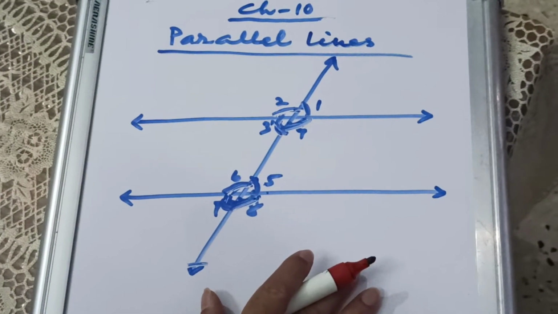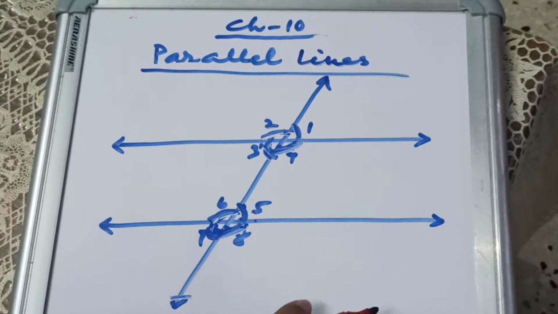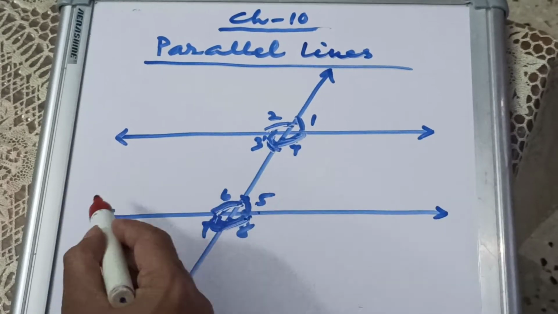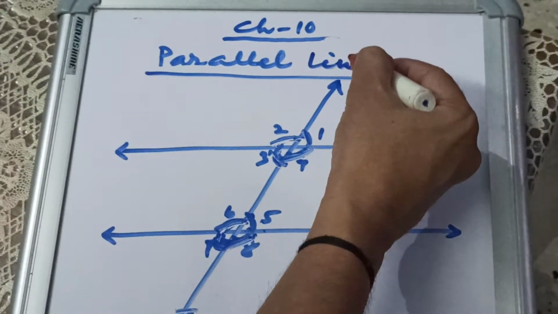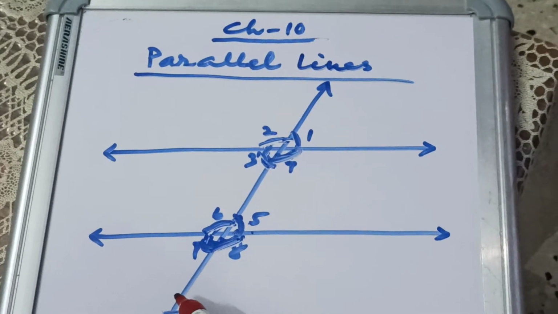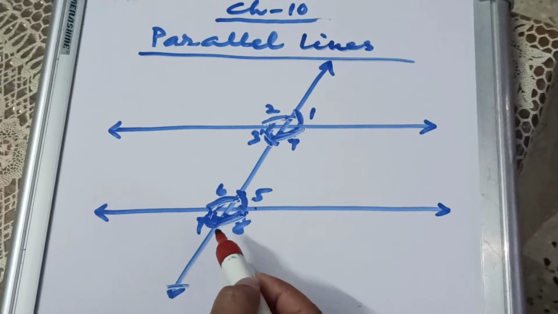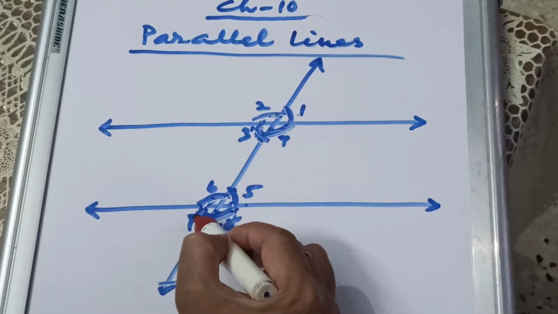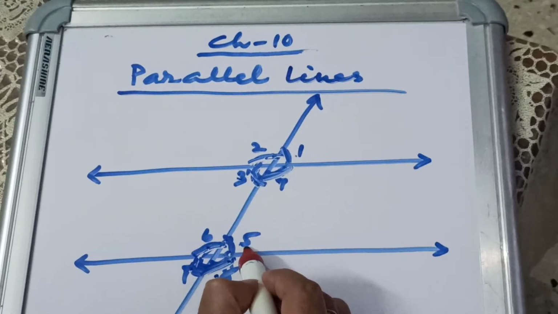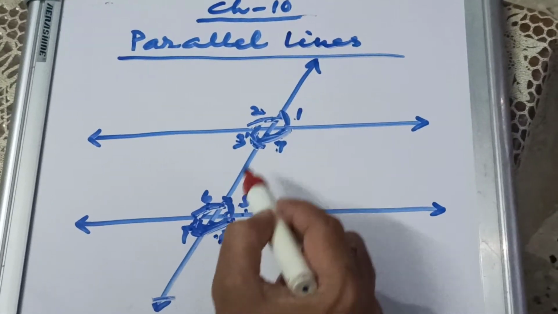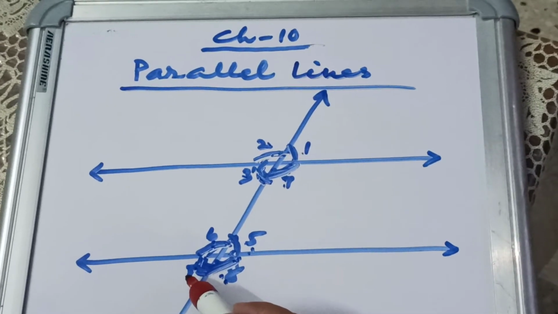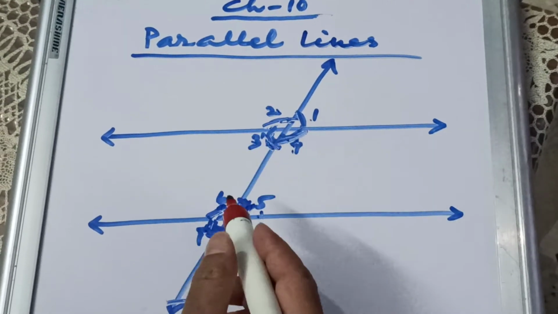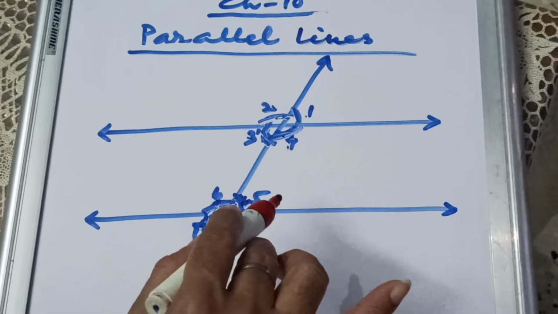So we can understand it again. If two parallel lines are cut by transversal, then pairs of corresponding angles are equal, alternate interior angles are equal, alternate exterior angles are equal, and interior angles on the same side of the transversal are supplementary.